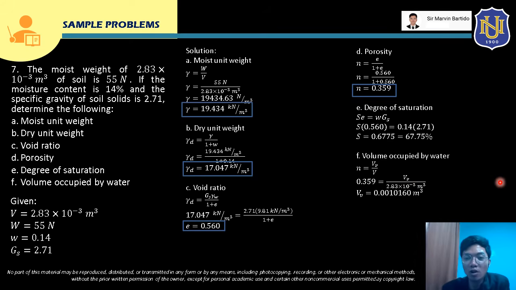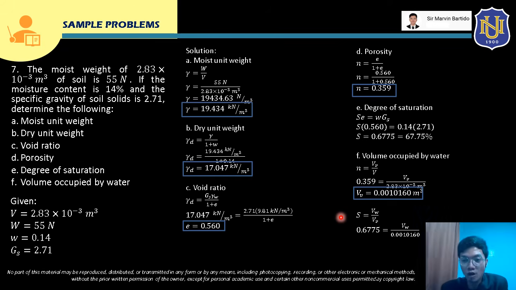So, solving for the volume of void, that is 0.001016 meter cube. Actually, hindi dapat nakabox yan. Na ang nakabox dapat ito. Anyway, class, from the degree of saturation, volume of water over volume ng void.